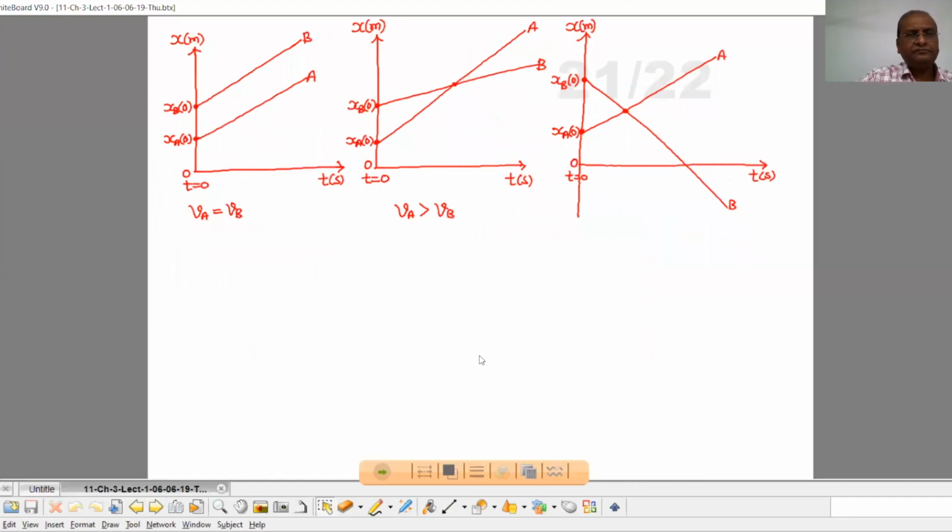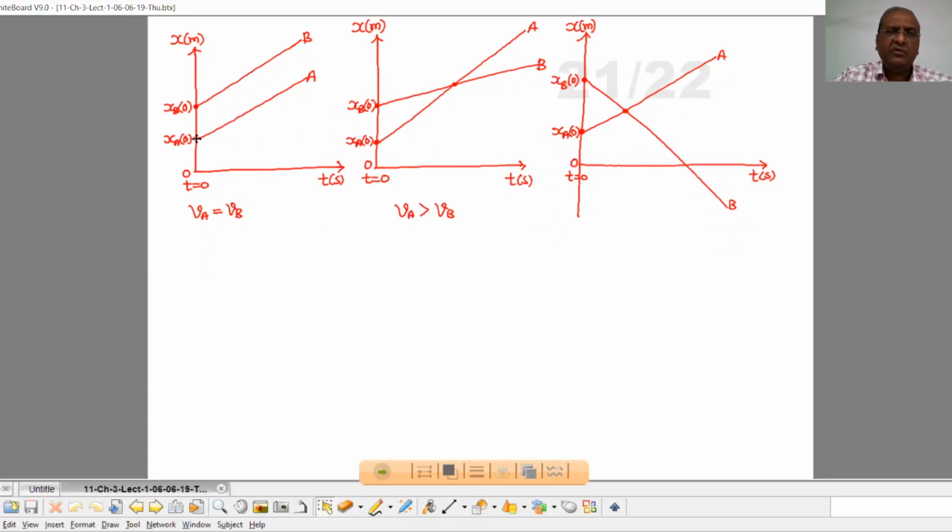Now, graphs of position versus time, and from that how one can predict the velocities of the objects with respect to each other. Suppose we draw the graph of position versus time for the motion of both the objects A and B. Now see the first graph.